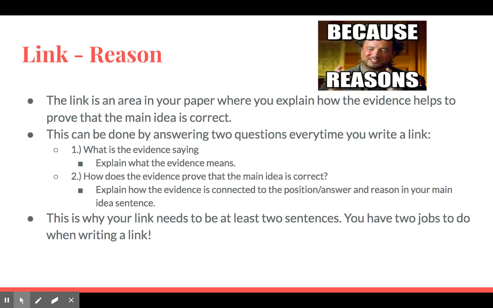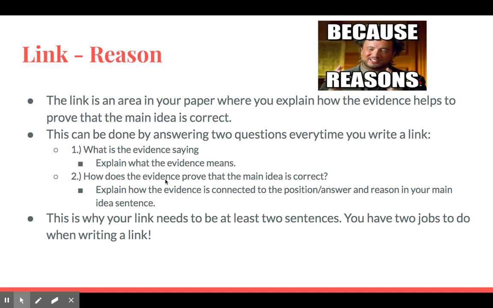So the reason behind the link, remember, this is connecting your main idea and your evidence. And you should be asking yourself 2 questions every time you write a link. If you can answer these 2 questions, your link is going to be rock solid. First, what is the evidence saying? Explain what the evidence means. This is just breaking down what the quote, what the evidence said for the reader so they can gain a better understanding of it.